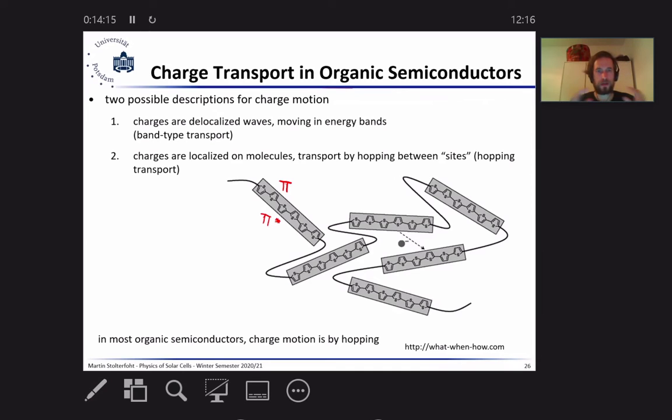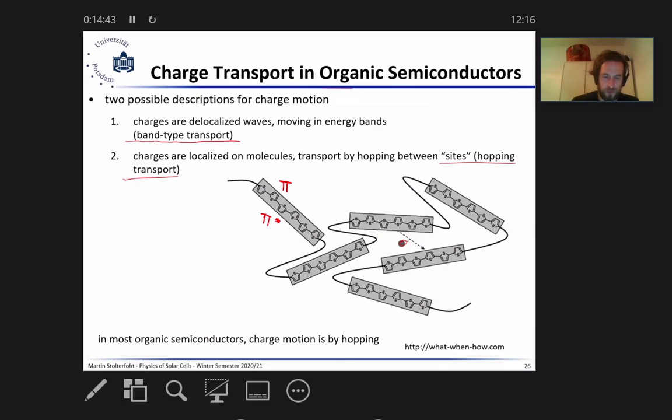So they are delocalized, and the movement of the charges can be understood by a band transport. However, to jump from one chain to the other, there needs to be sort of a hopping transport. And this is usually 1 million times slower than the band transport.